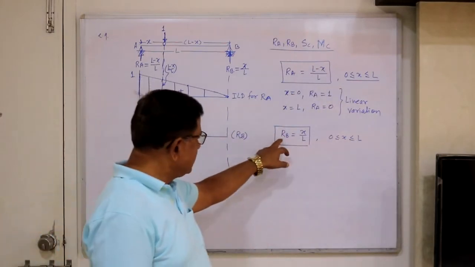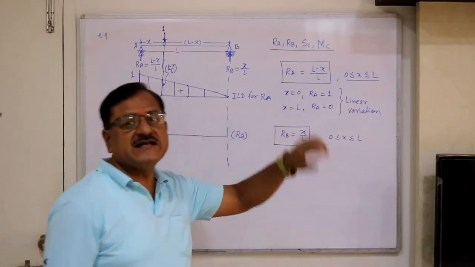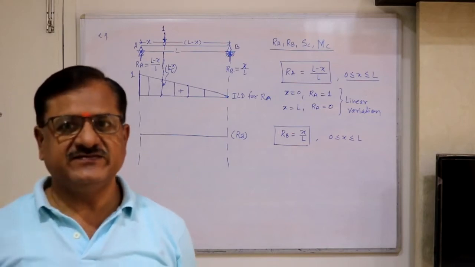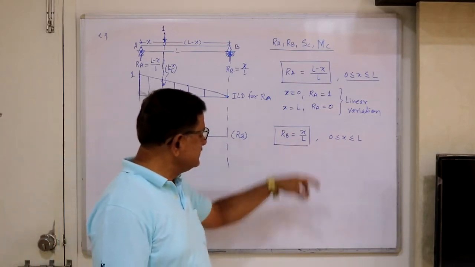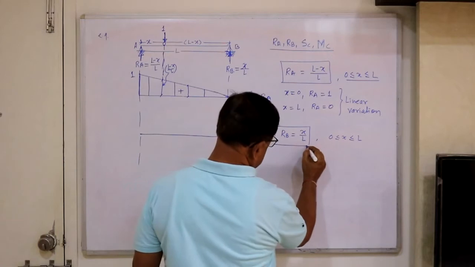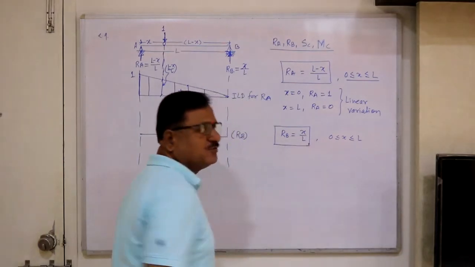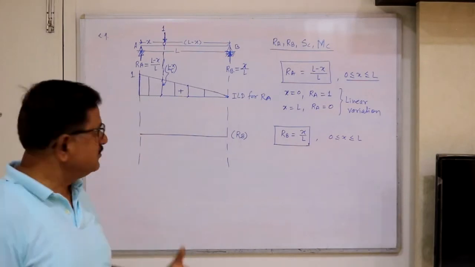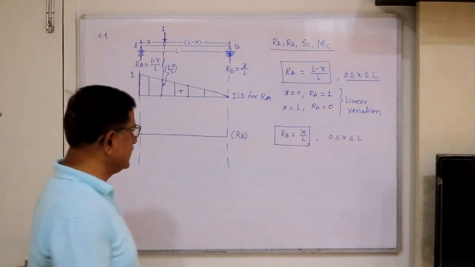So the alternative definition is: the ILD is the relation between the structural quantity and the position of the moving unit load. So both ways we can define the influence line diagram.